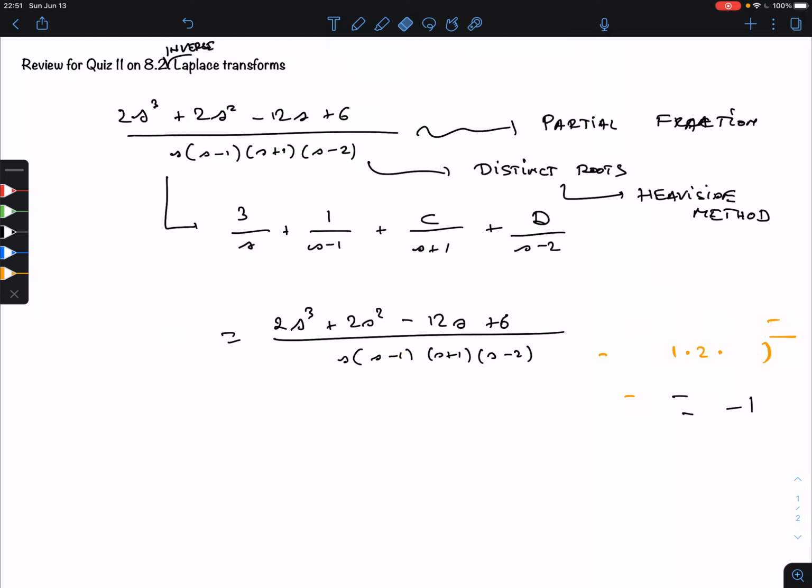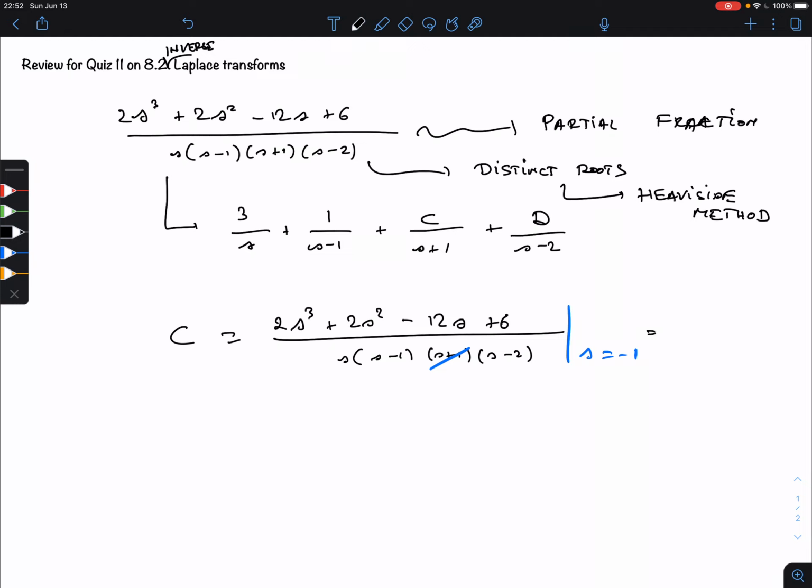And we do C. This time C is on top of s plus 1, so it's the s plus 1 that I'm going to cancel out. And plug in, what do I plug in now? s equals negative 1, right? It's exactly the one that makes the factor that I cancel out 0. Okay, if I plug in negative 1, odd powers are negative.